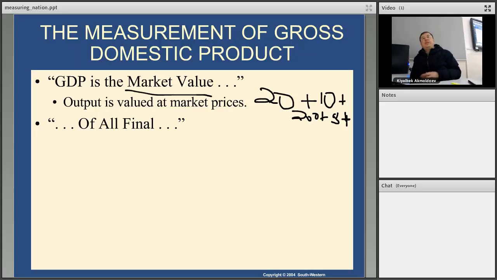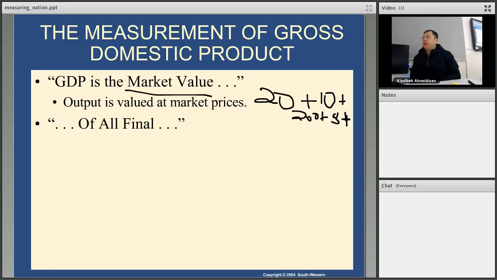What do we do in general? We just take the market value, the price of these products, and convert their value into an equal monetary value. We take the price of the product and multiply it by the quantity of goods and services that were produced in the economy.